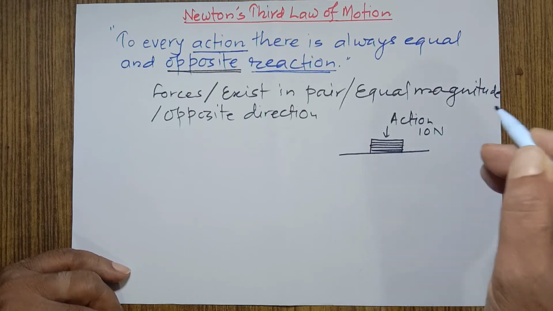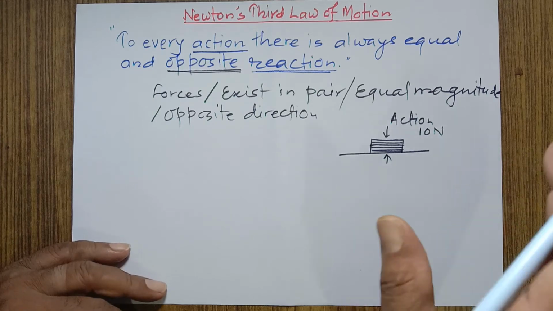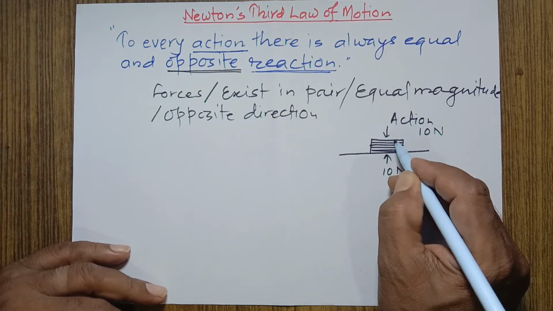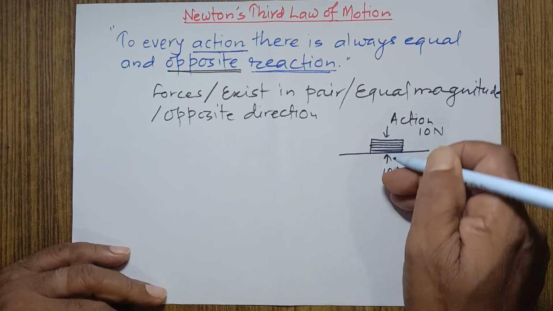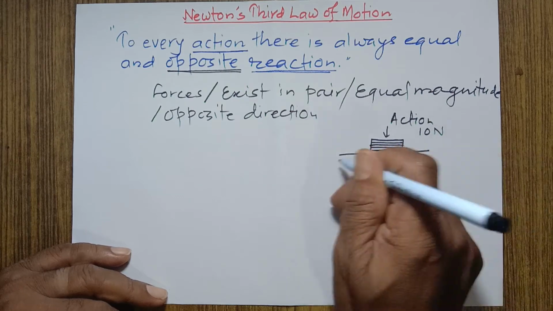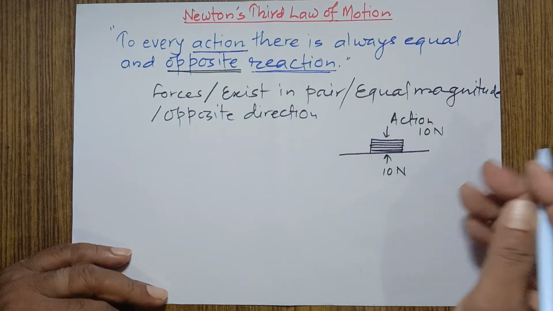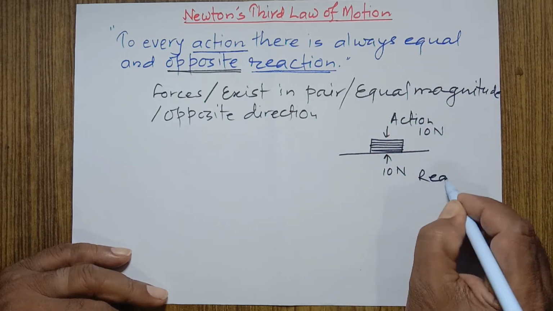And because of this action force, the same magnitude of force, the 10 Newton force, acts on the book by the surface of the table. Otherwise, the book will break this table and go down. That's why this 10 Newton force applied by the table on the book is the reaction force.